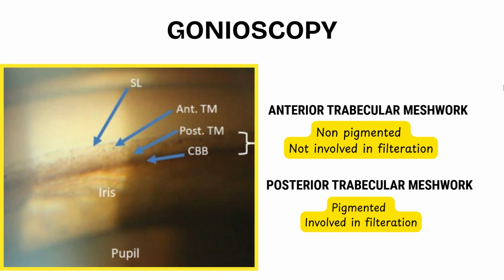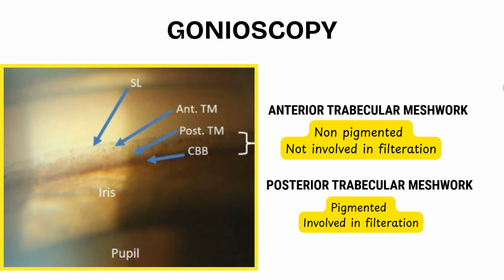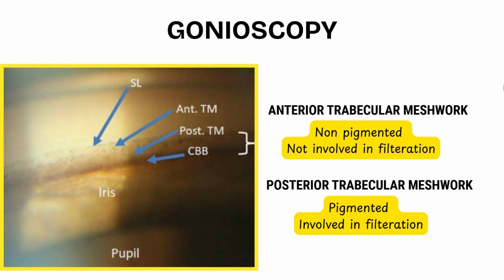From the gonioscopic perspective, the trabecular meshwork is divided into an anterior part and a posterior part. The anterior trabecular meshwork is non-pigmented and is not involved in filtration. It is the posterior trabecular meshwork which is important to us because it is pigmented and involved in filtration.